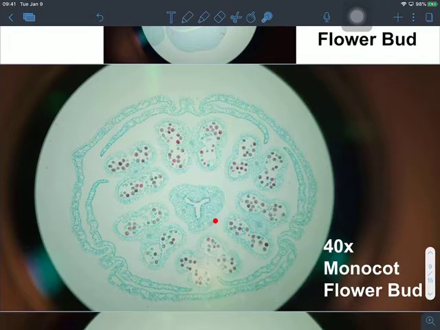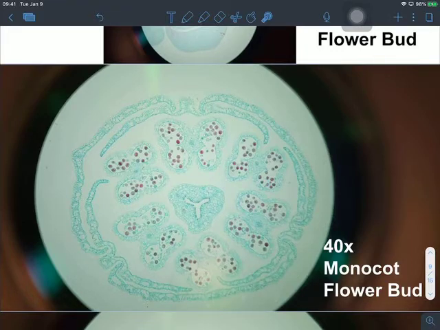Again, ovary in the middle, female home in the middle, male home, all of our different anthers on the outside, and then behind that we see the beginning development of petals and sepals behind that. Can't really differentiate sepals and petals up until they've started to make flower colors, so under the microscope they look fairly similar.